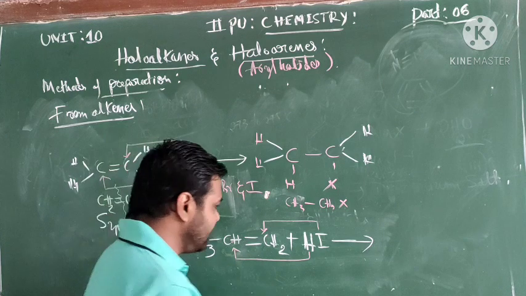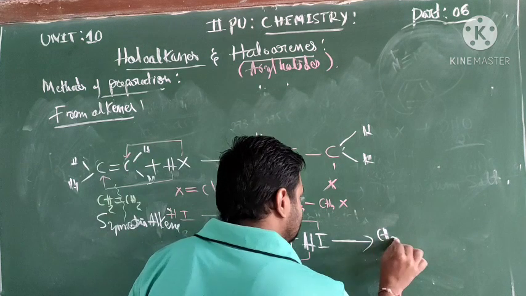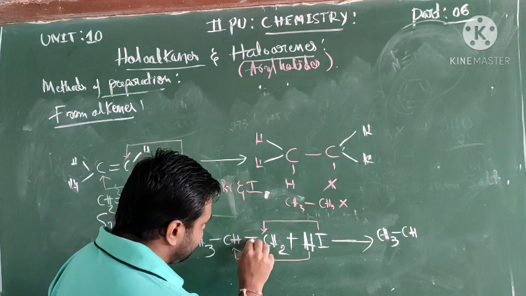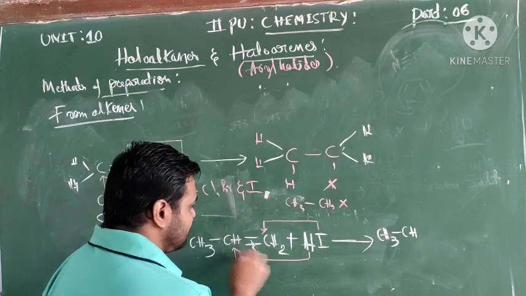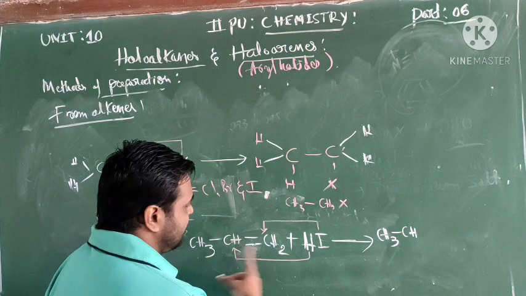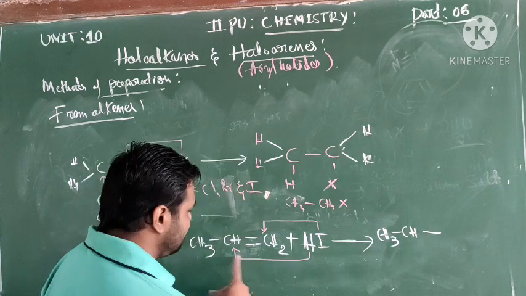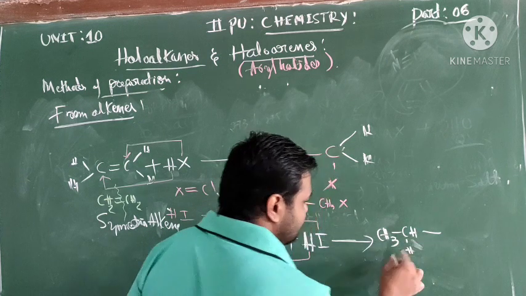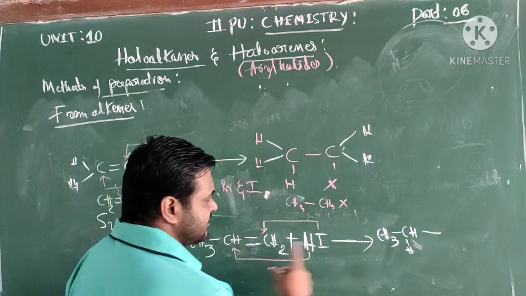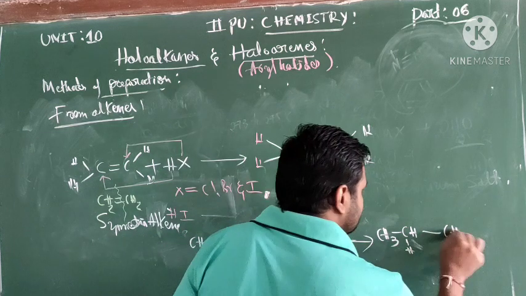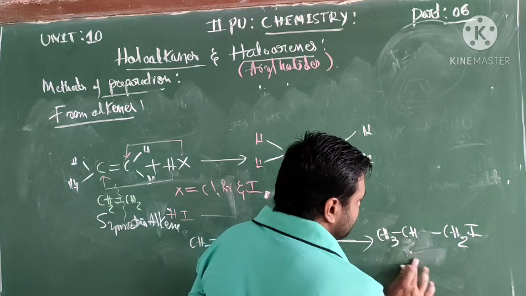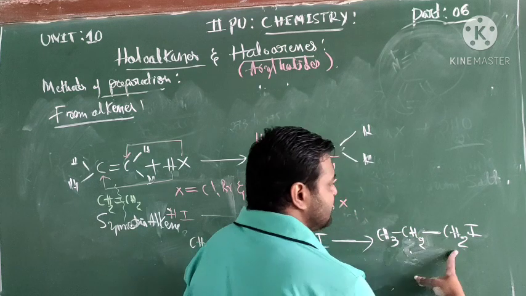So what will we get? See here, CH3, CH, the double bond breaks down to form a single bond. Okay? Single bond, and here is H. H means CH2, okay? CH2 and single bond CH2. This is I. We write CH3, CH2, CH2I.